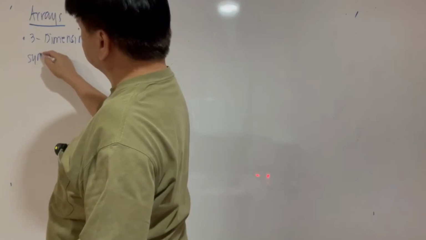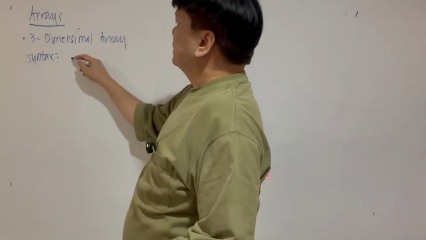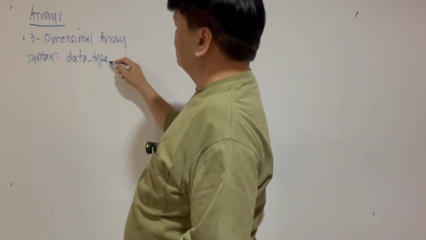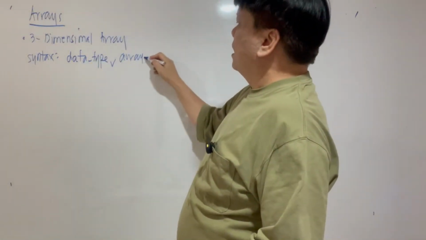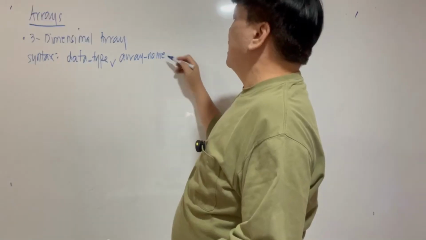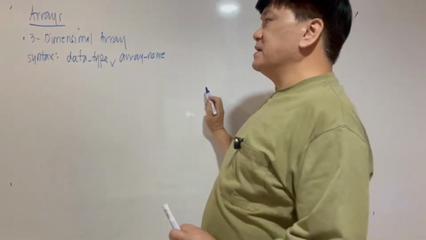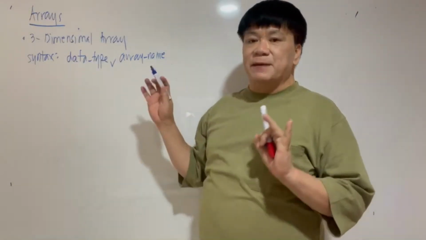Syntax: data type, space, array name, and then followed by the subscripts. Since this is three-dimensional, this is for the multi-dimensional array.